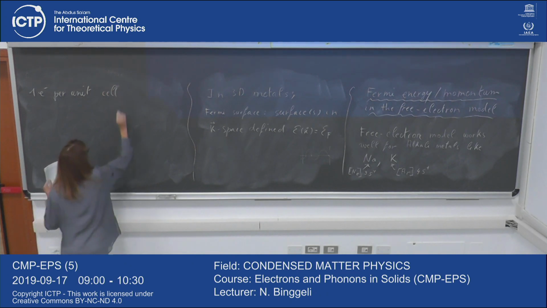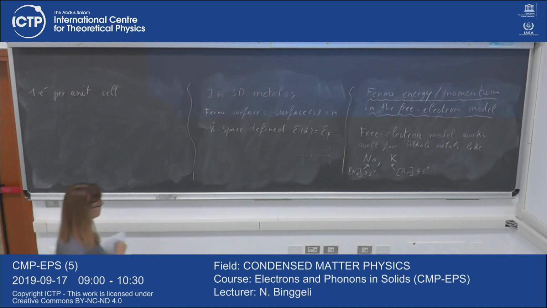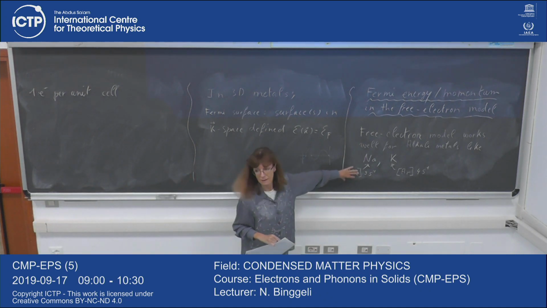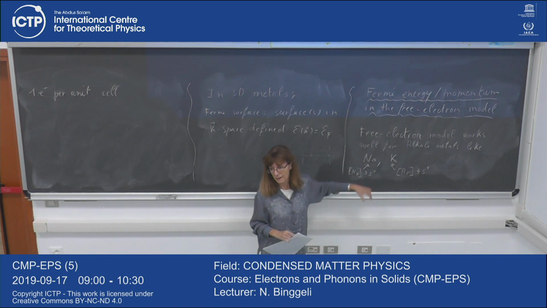But from the periodic table, the concept of valence electron is rather straightforward. I mean, here you have an inert element, and then just in the next shell one electron.